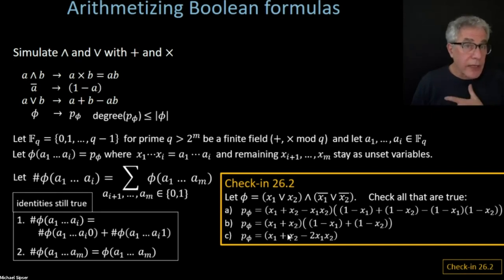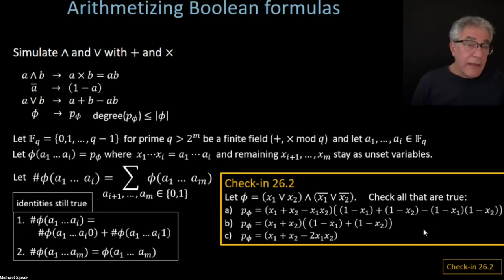So you can just see it right there. The others don't have that. And similarly for x1 bar and x2 bar, it becomes 1 minus x1, 1 minus x2, and then the product of those. So A is pretty straightforward as the arithmetization of phi.